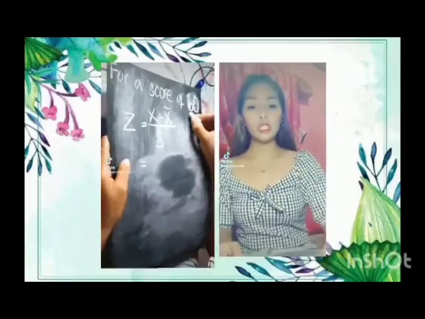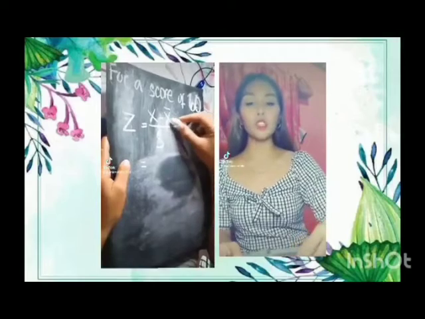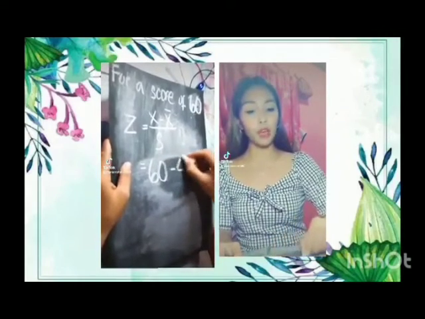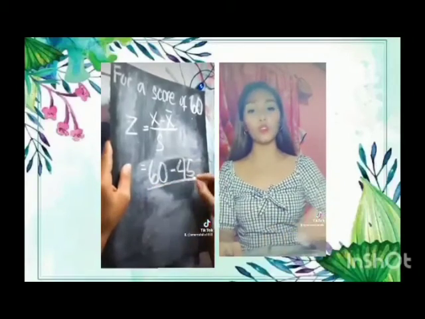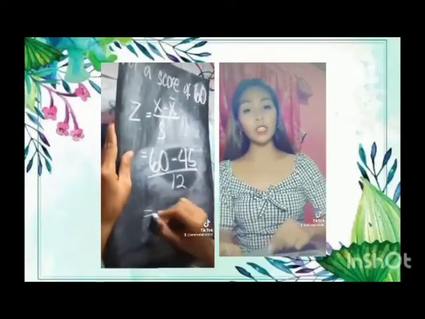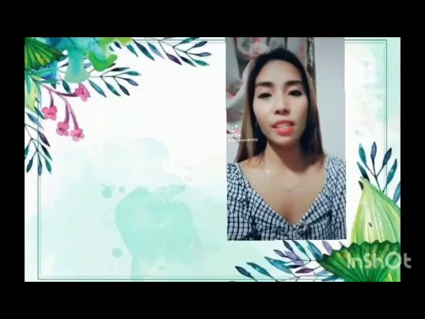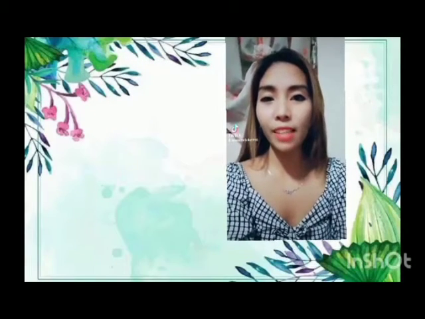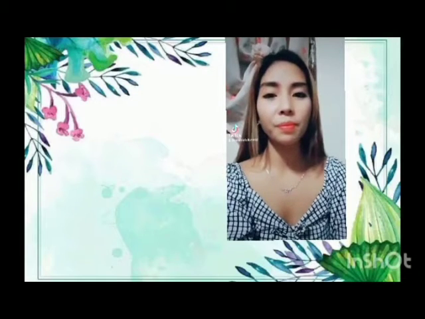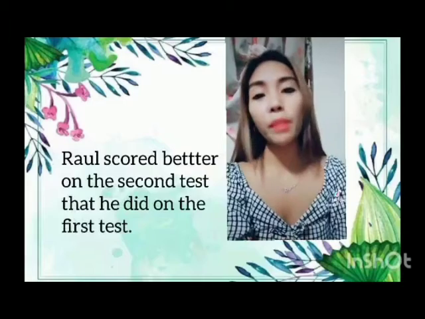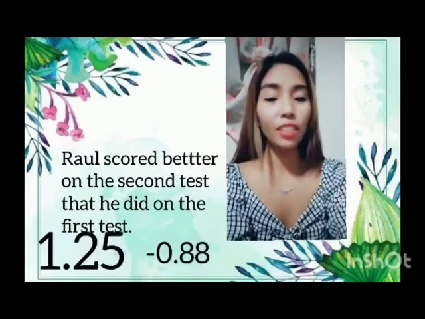For a score of 60, using the same formula, we have 60 minus 45 as the mean of all scores over 12. And the answer is 1.25. Now, the question is, did Raul do better in the first test or the second test? Raul scored better in the second test than he did on the first.